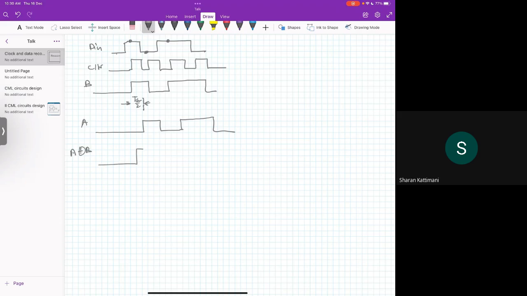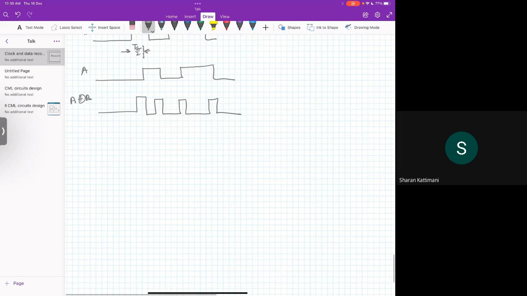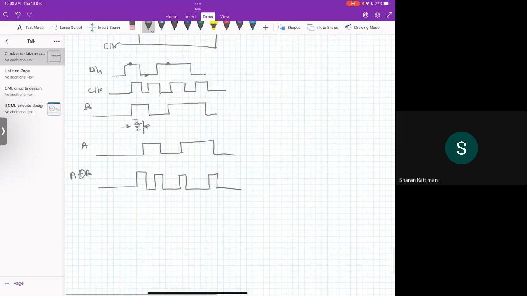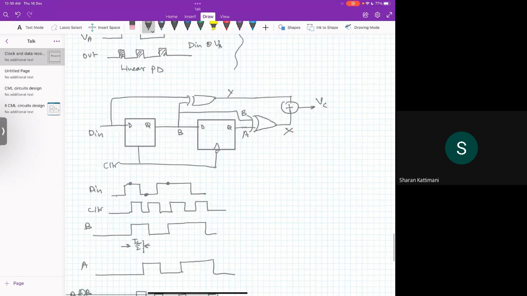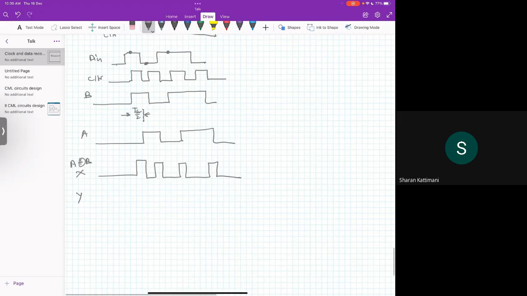Okay, so it will be something like this, something like this. Okay, and so this is X, and Y will be D in XOR B. Okay, so Y is D in XOR B, so it will be something like this.